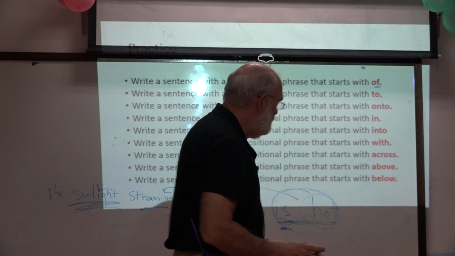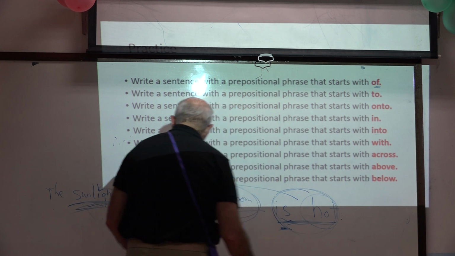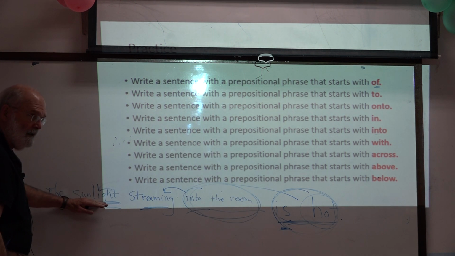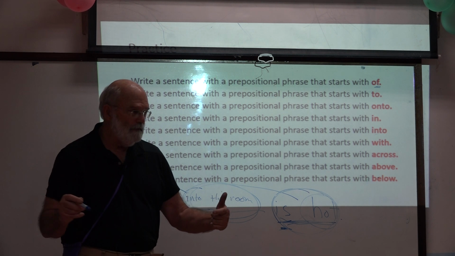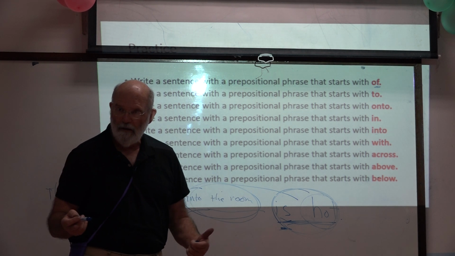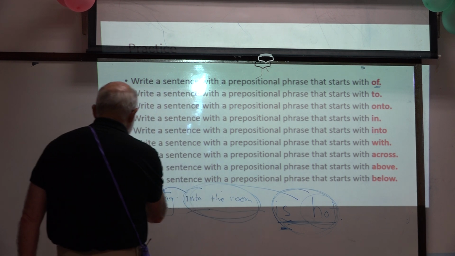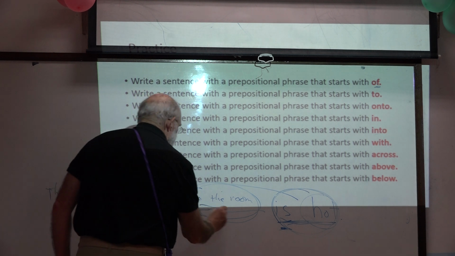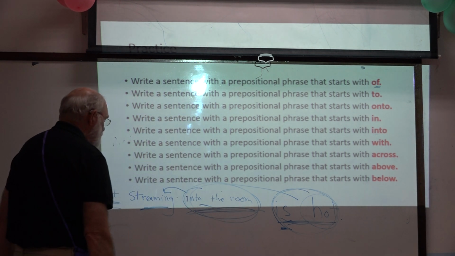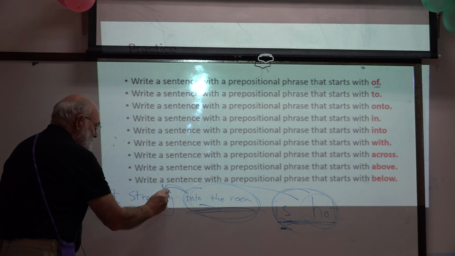Yeah, it's an adjective because it's modifying a noun, sunlight, but it's not just one word, it's more than one word, so it's a phrase. It's an adjective phrase that modifies sunlight. This is a prepositional phrase that modifies streaming.